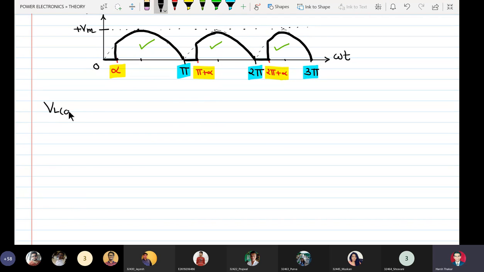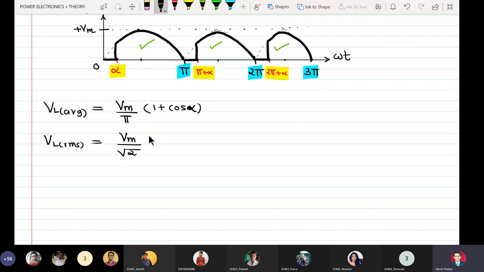So I have VL AVG double that of before. Previously it was Vm upon 2 pi. It will be now double of that. So Vm upon pi into 1 plus cos alpha. And as far as VL RMS is concerned, there is only one change: previously it was Vm upon 2, now it will become Vm upon root 2.